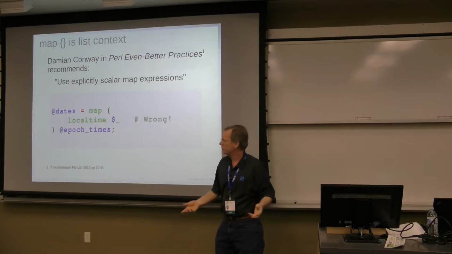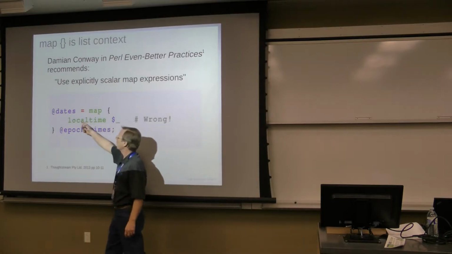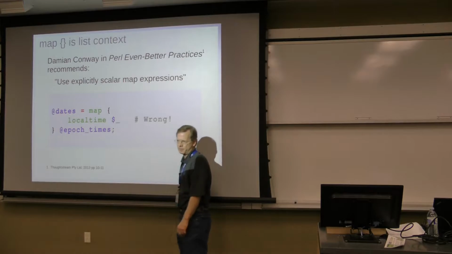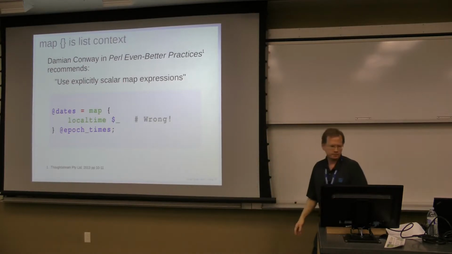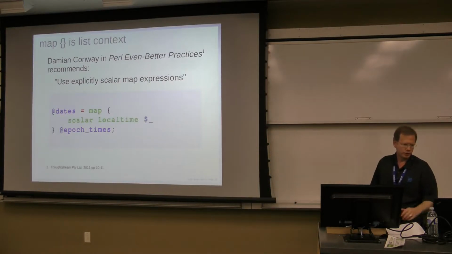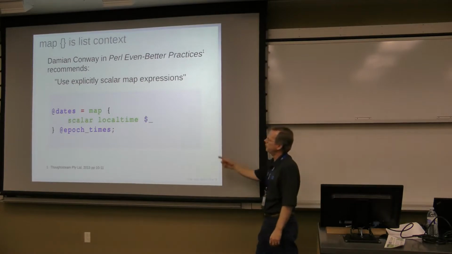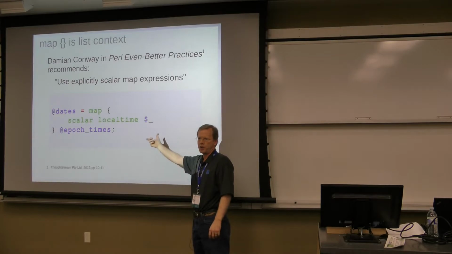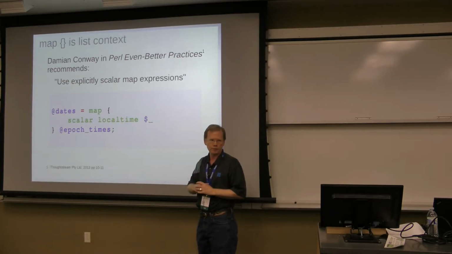Just a bunch of numbers. So we're going to end up with our dates array being a whole bunch of numbers. It's not going to be what we really wanted. So the alternative is that we use scalar as Damian recommends, and then we get the correct context. We get a string that has a nicely formatted date in it.